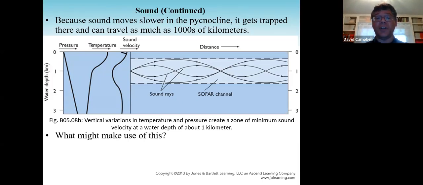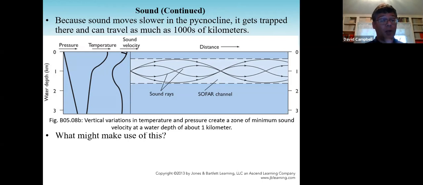Why might that be a difference? What can make use of sounds traveling long distances in the ocean? Some ocean animals do, in particular, whales. Whales make sounds and travel long distances.